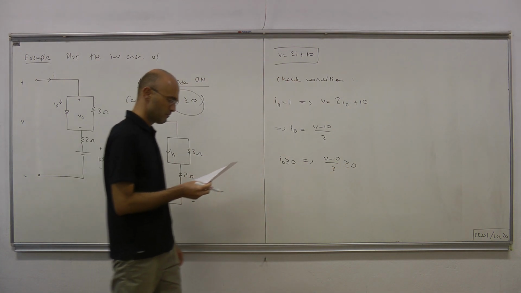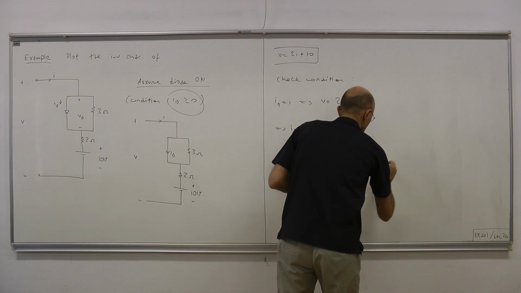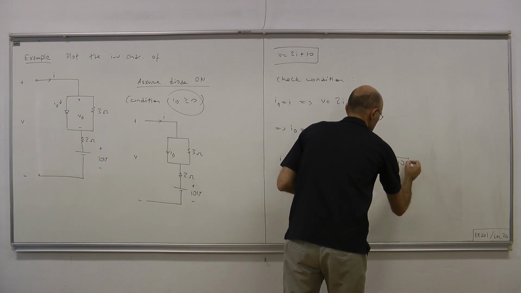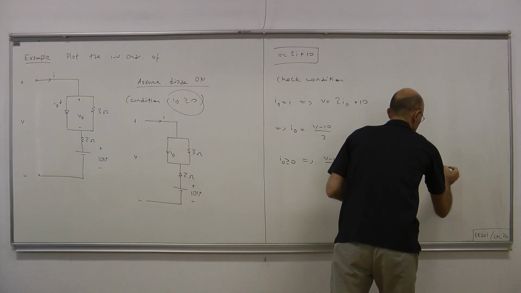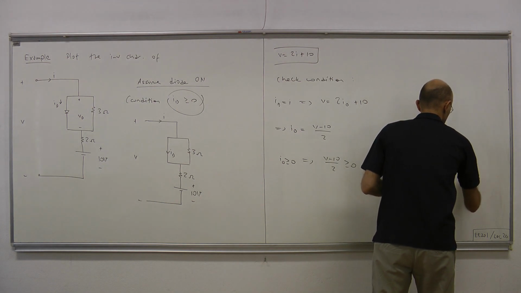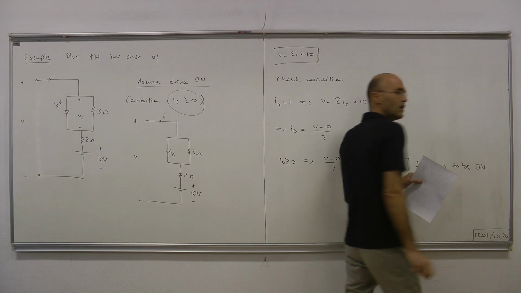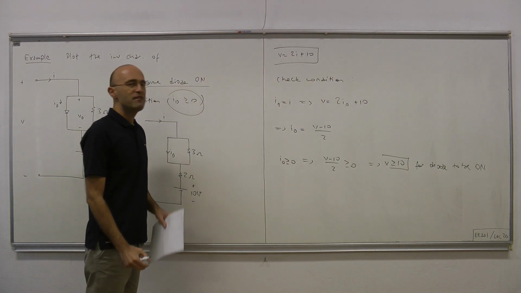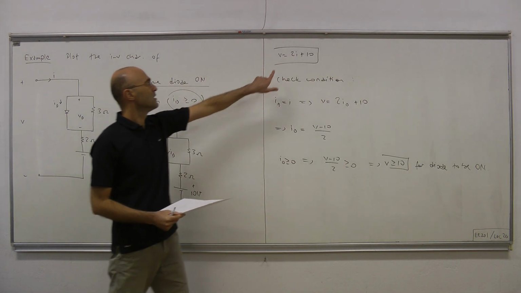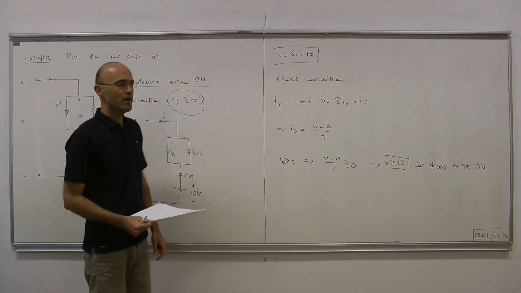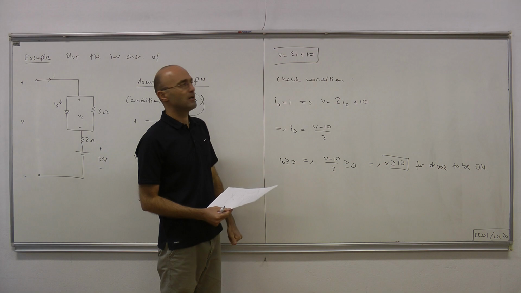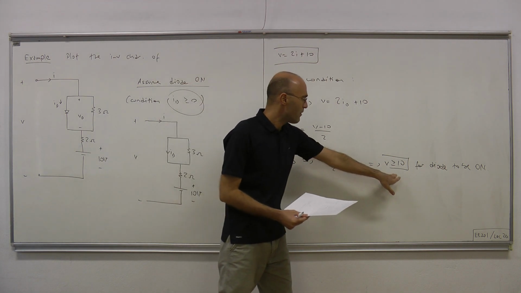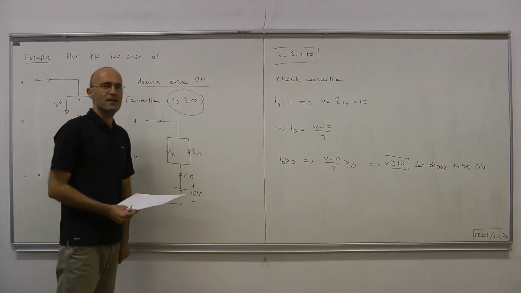That means V greater than or equal to 10 for the diode to be on. So we have figured out partially the voltage current relationship for this one port: we know the relationship provided that the voltage is greater than or equal to 10 volts.